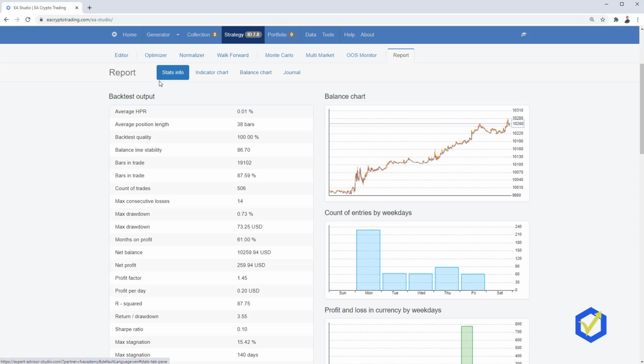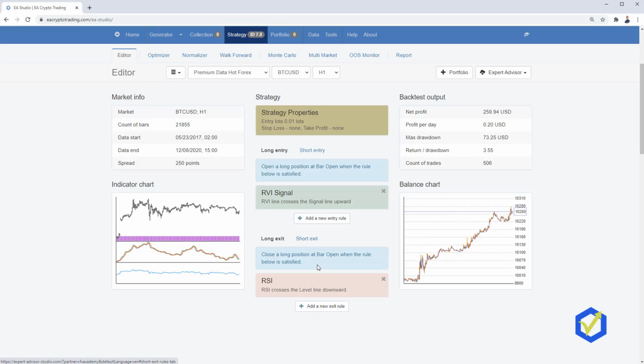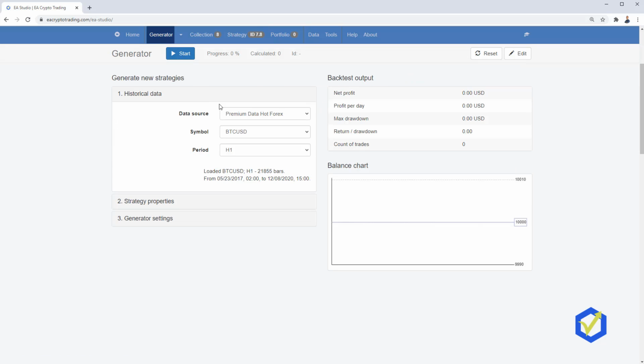All right, so this is how you can build your own strategy in AI Studio, and you can export it as a robot for MetaTrader 4 or MetaTrader 5. And in the next video, I will show you how I'm using the generator, and you will see that even if you don't have such a strategy and you don't know how to build a strategy, you can use the generator, which will produce hundreds of strategies based on the historical data that you have prepared.